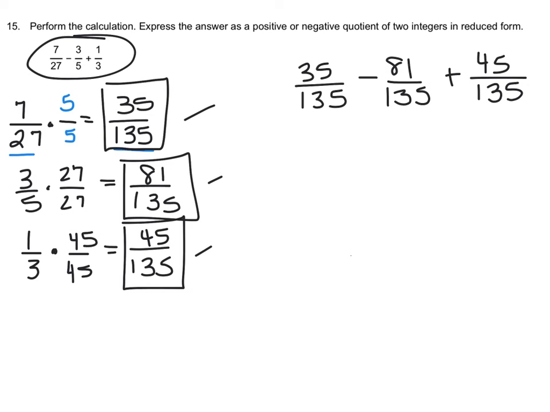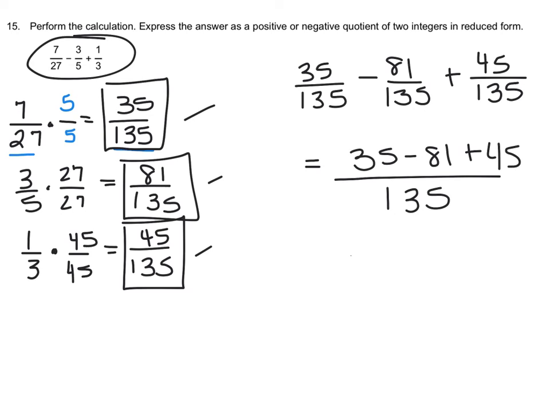Now that these fractions have the same denominator, all I need to do is add or subtract the numerators and then place that over the denominator. So I'll have 35 minus 81 plus 45, and that's all over 135. 35 minus 81 is negative 46.